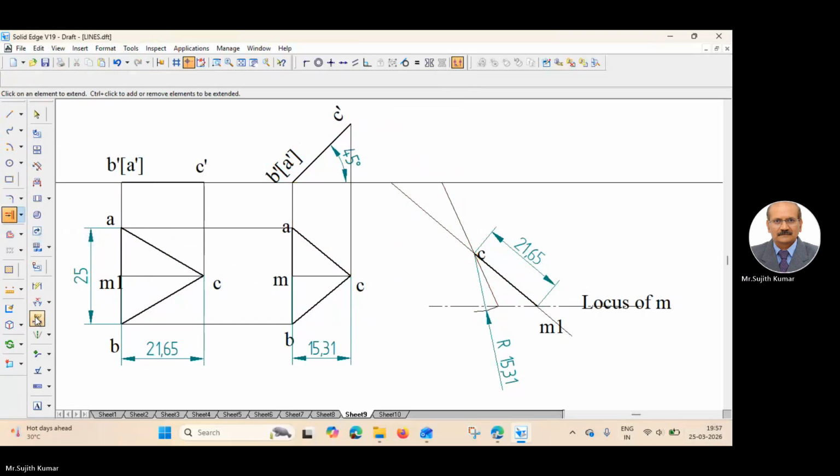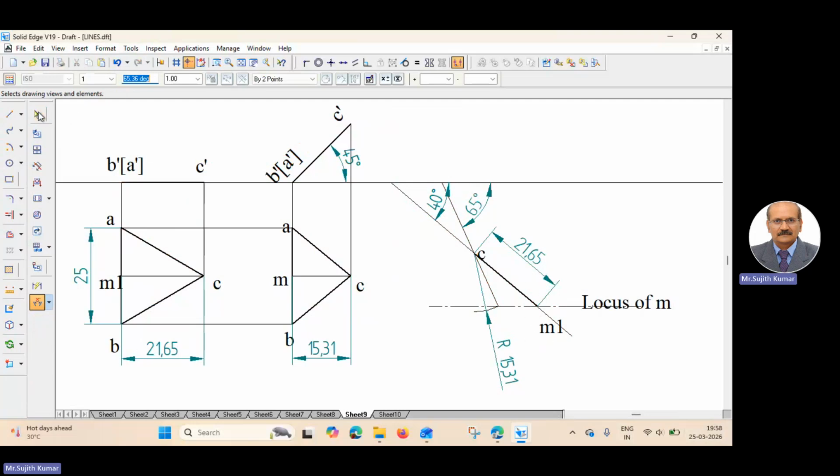Then measure the angle between this and this, and similarly measure the angle between this and this. Now the beta angle is 65 degrees.